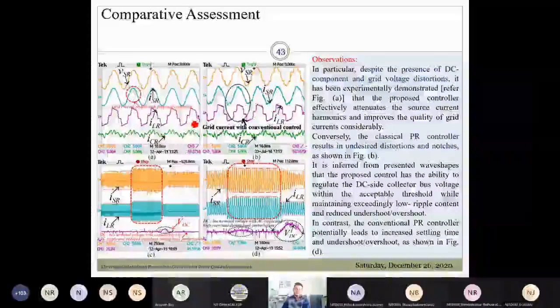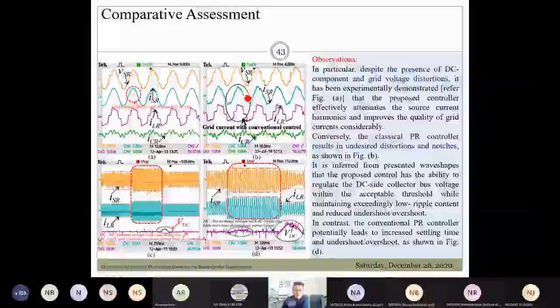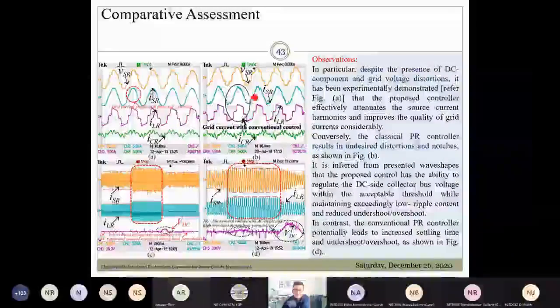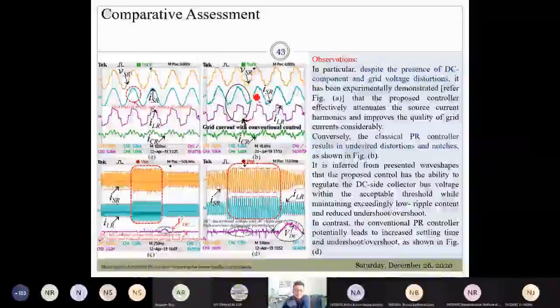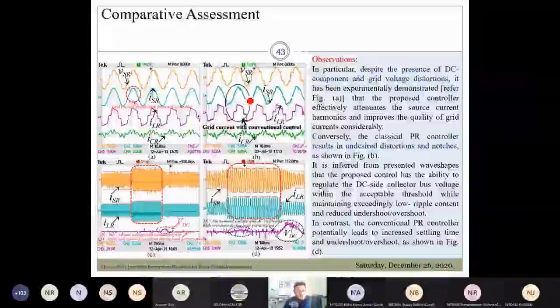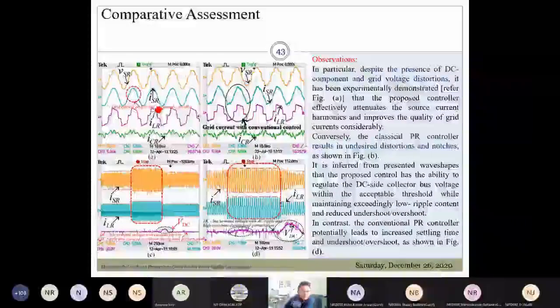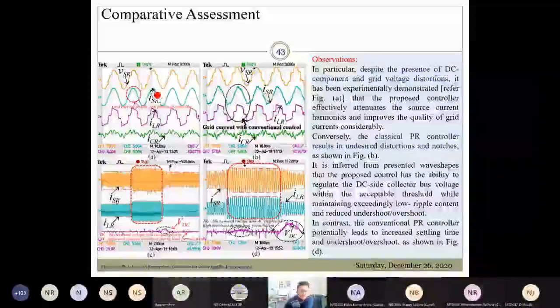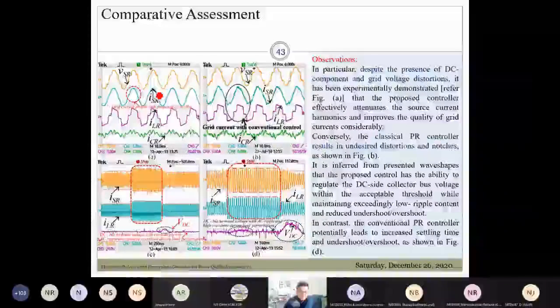Now, what is the improvement? If you look at the grid current waveform during the PI-MR controller operation, you could see notches and distortions in the grid current. On the contrary, when the PI4VPI controller is employed, the grid current is purely sinusoidal.